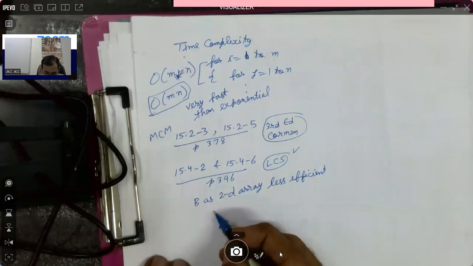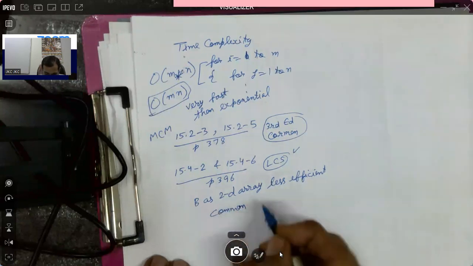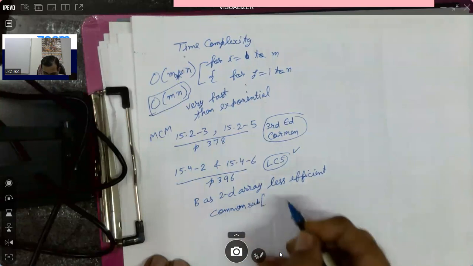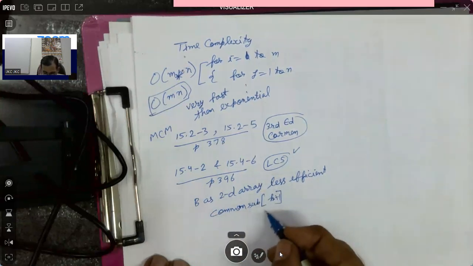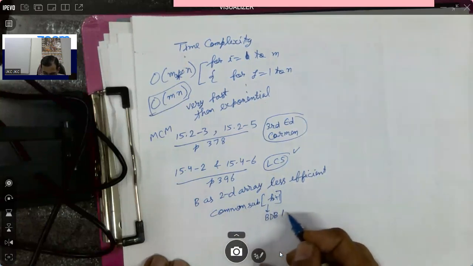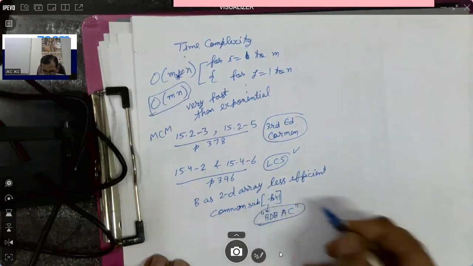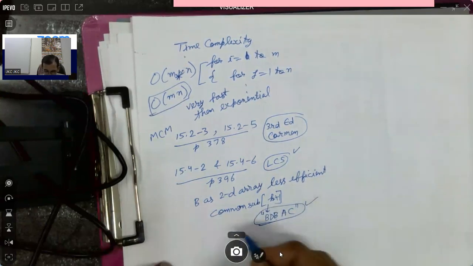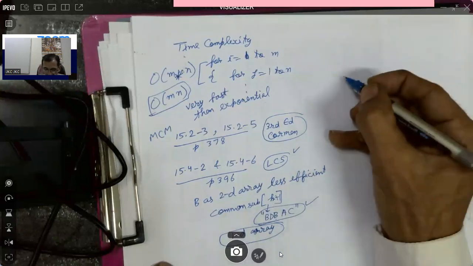So probably I can have the common subsequence array, ultimately something like k size or k plus 1 size, where you could say the answer is, let's say, B, D, B, A, C, something like this. So this is the common one. Storing this requires a 1D array probably. So that can be the way you can think of, but try this all once you are clear about basic LCS.